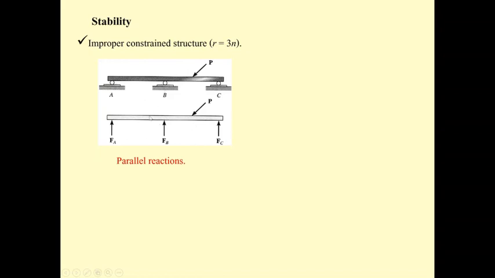So the free body diagram of this one is going to be like this. And if you sum forces in x equal to 0, you will see it won't be 0. This beam is going to move to the left. So when we consider the stability, if the structure is improperly constrained for the parallel reactions, the structure is unstable. There is another thing.